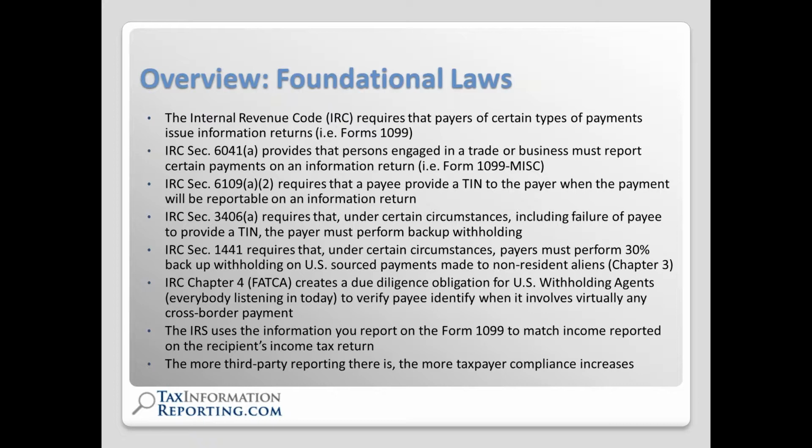Now, a couple of things here. One of the things I want you to focus on as we go on today, you're going to hear a lot of different code sections like the ones you see in front of you on the slide. And even though the code sections are what you absolutely need to know and base the foundation of your compliance and reporting decisions upon, obviously they're not very easy to understand. That's why you're here.